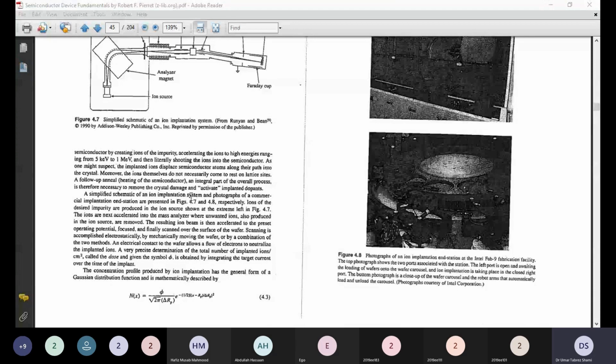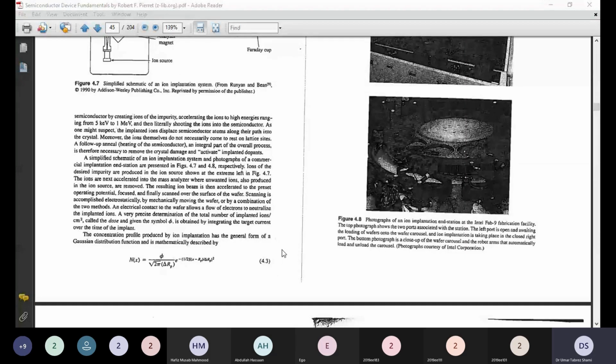A follow-up anneal, an integral part of the implantation process, is therefore necessary to remove the crystal damage and activate the implanted dopants. A simplified schematic of an ion implantation system and a photograph of a commercial implantation station are presented in figures 4.7 and 4.8.